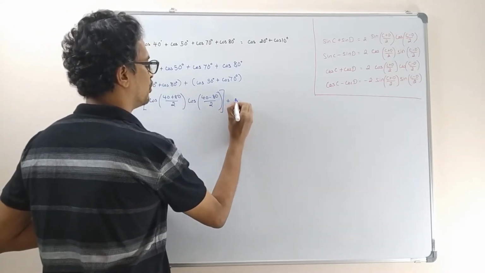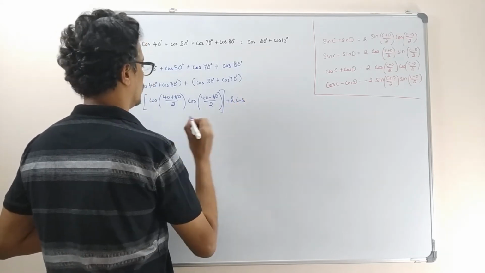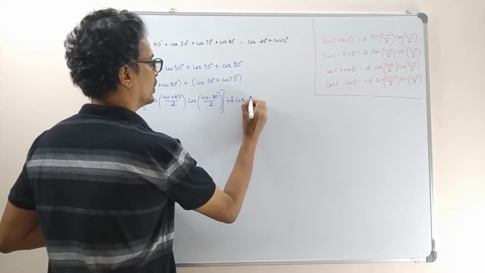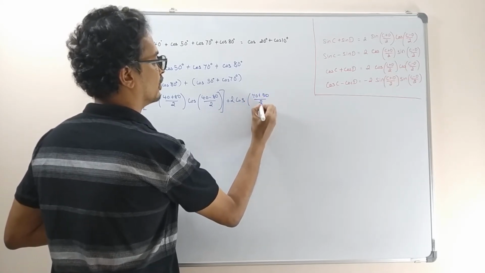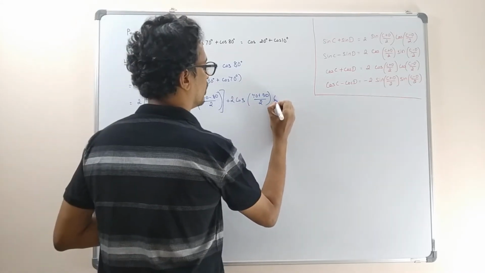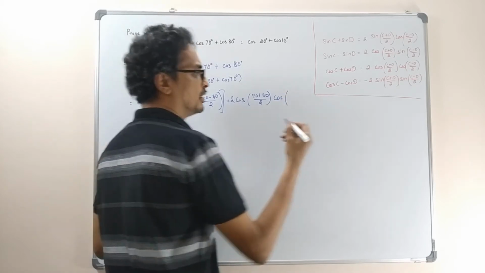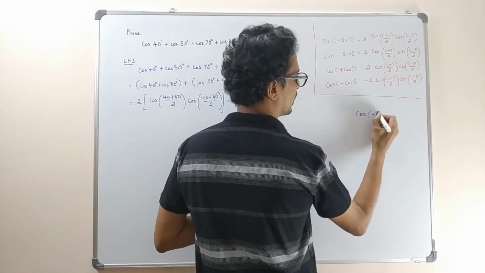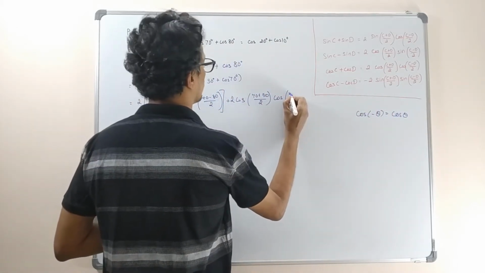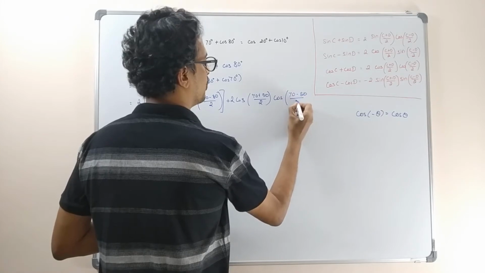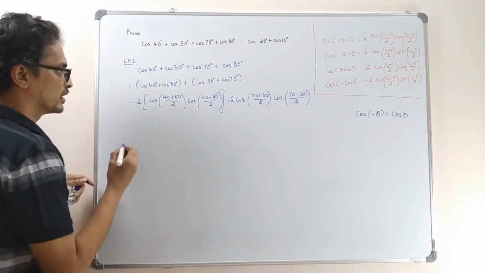plus 2 times cos of (70 plus 50) by 2, then cos of (50 minus 70), which is the same as (70 minus 50) by 2, because cos of minus theta is cos theta only. So let me take this 2 commonly outside on both sides.